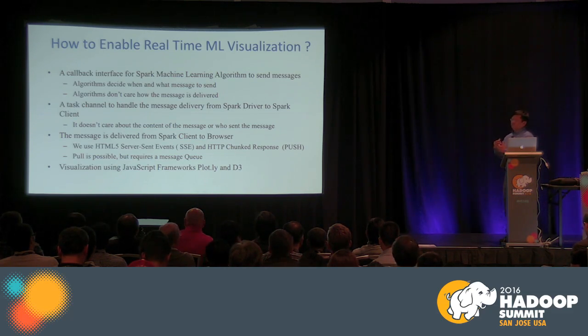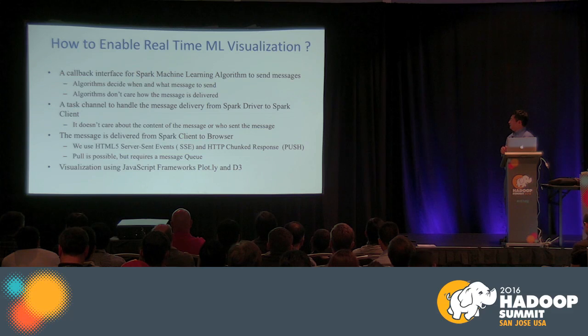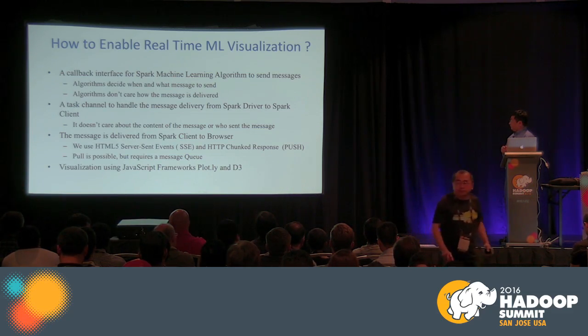These two steps essentially handle sending from the cluster to outside the cluster. But once outside the cluster, you need to send the messages over to the browser. In this case, you can use either pull or push, and here we're using push.